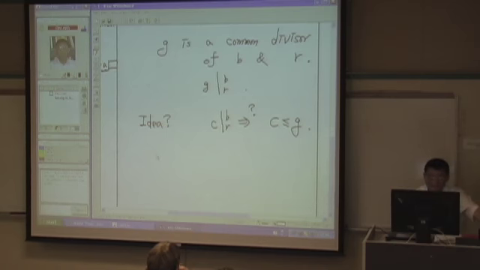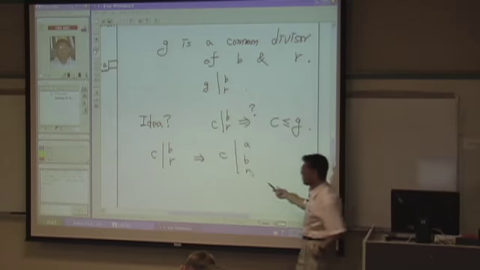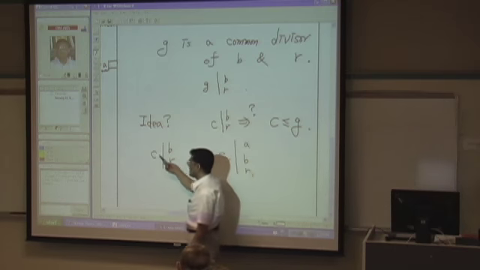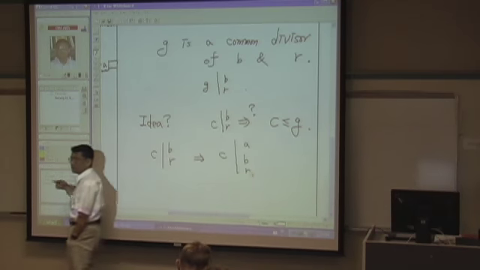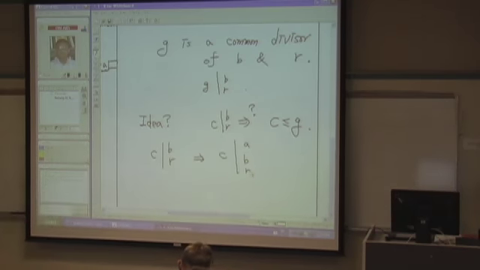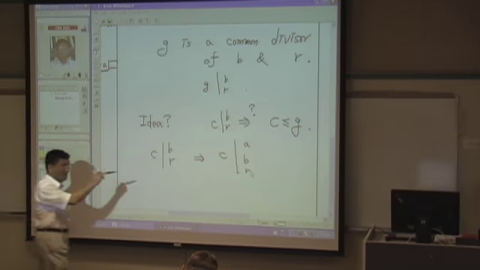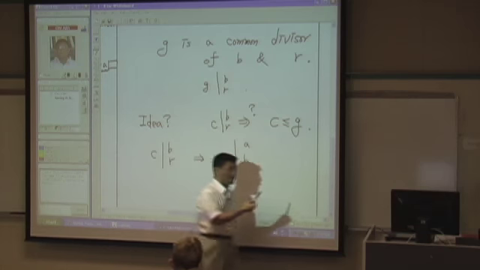C is a divisor of B and R. Then what I want to do is, C is a divisor of A, B, R by almost the same technique. Do you follow me? If C is a divisor of B and R, then C is a divisor of B, A, R. I didn't show this yet, but I'm mentioning the idea.